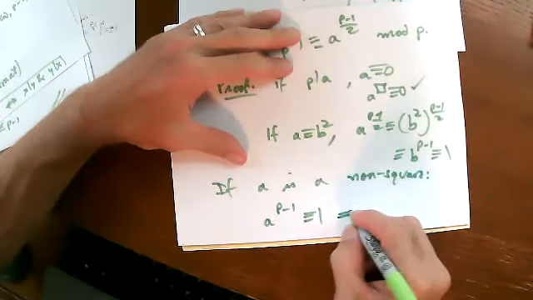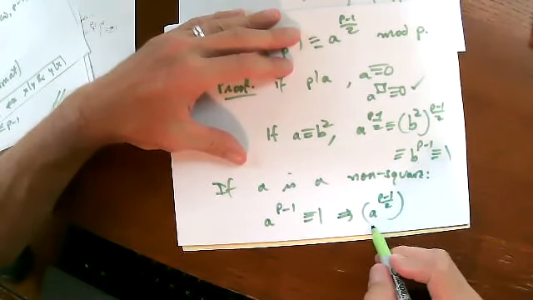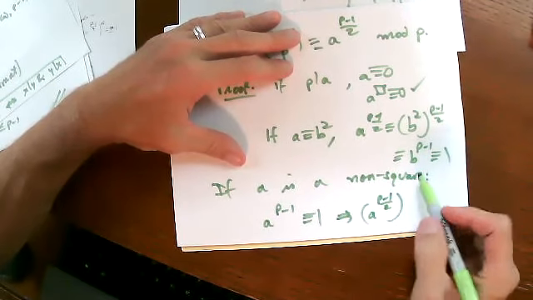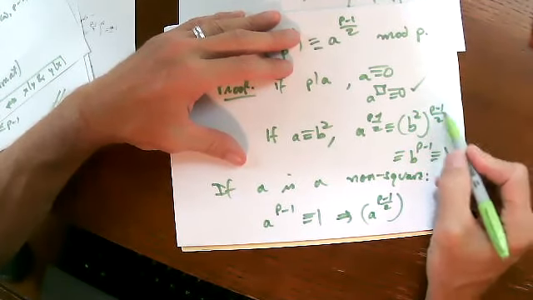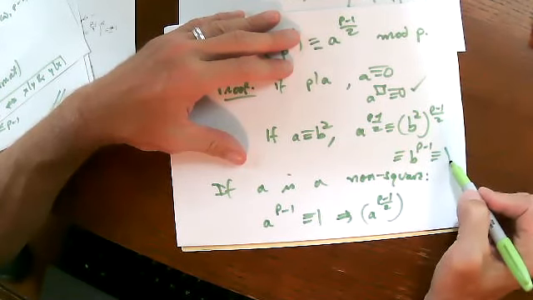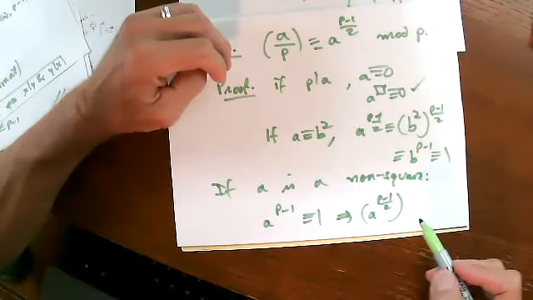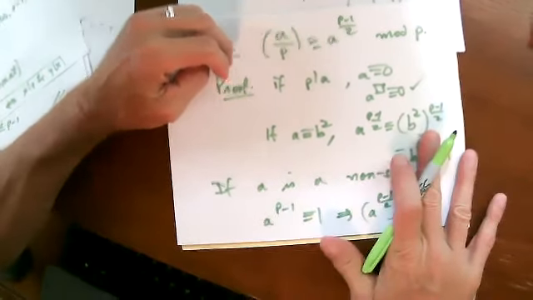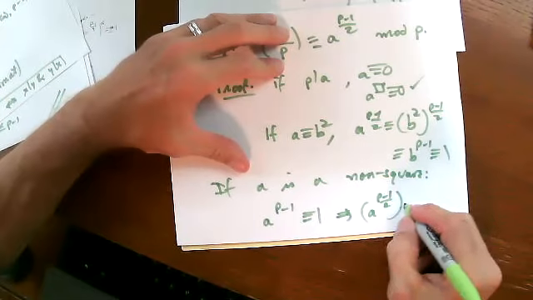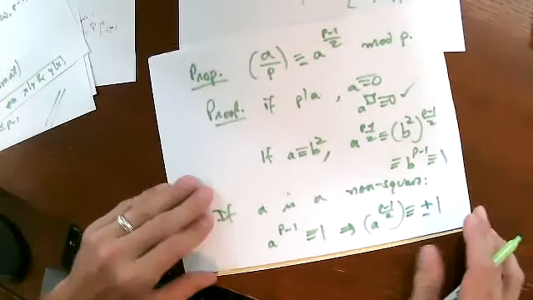I want just half that power. Well, this is a congruence class mod p, which by exactly this kind of calculation, its square would be congruent to 1 modulo p. So this is a square root of 1 mod p. And if you're working modulo a prime, there's only two possible square roots. This is congruent to either +1 or -1 mod p.